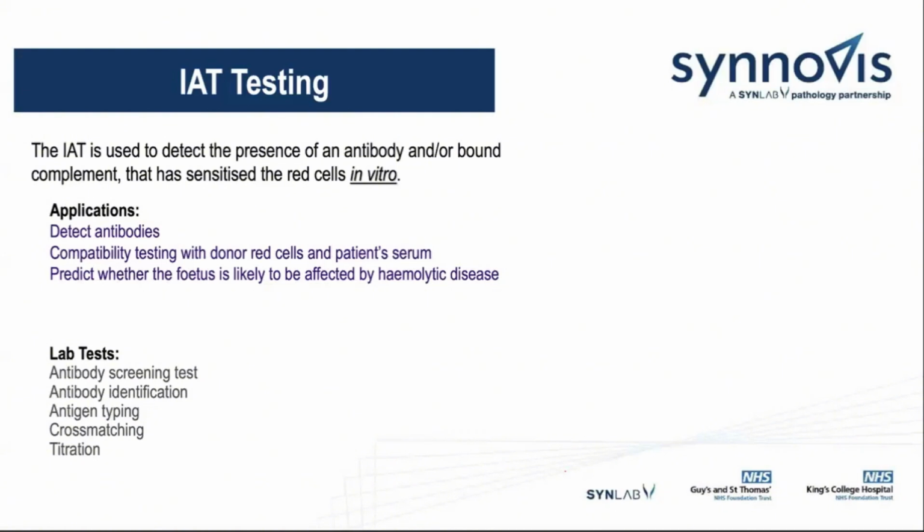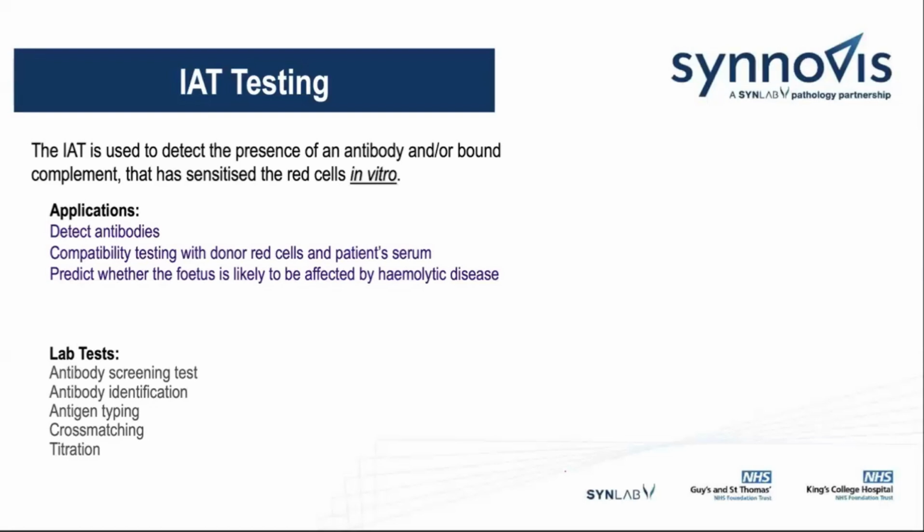We use it in our antigen typing or phenotyping to identify specific red cell antigens using the anti-sera. We use it for compatibility and cross-matching to ensure the recipient's plasma doesn't react with the donor red cells. And we also use it in our titers and titration, which is a process of measuring the concentration or strength of an antibody in the patient's plasma.